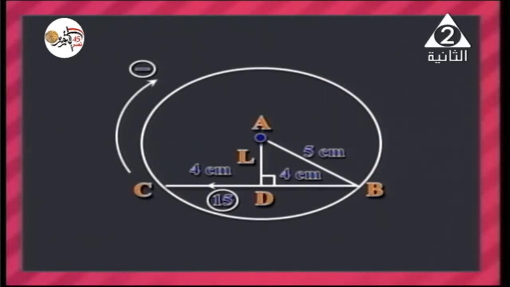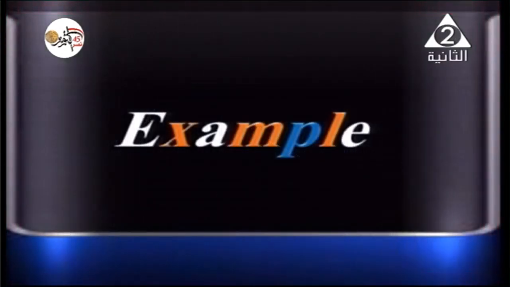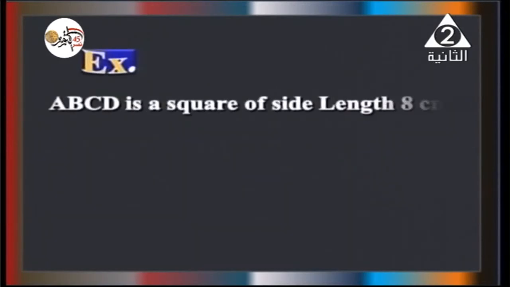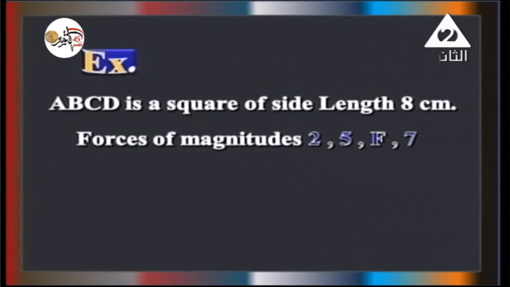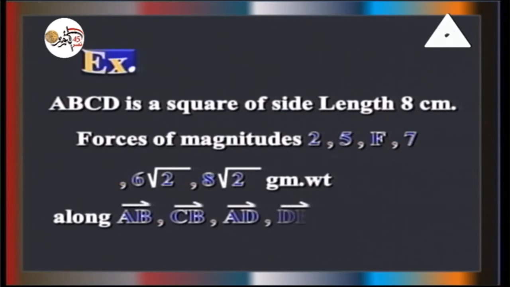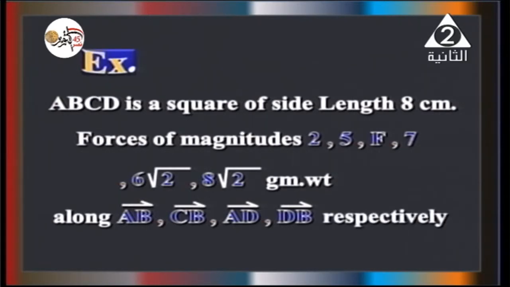Now, my dear student, we move to another example. ABCD is a square of side length 8 centimeter. Forces of magnitudes 2, 5, F, 7, 6 root 2, and 8 root 2 gram weight act along the AB direction, CB direction, CD direction, AD direction, and DB direction respectively.